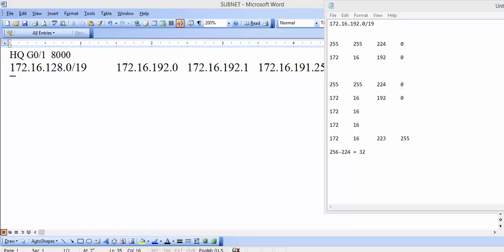We now have to determine our first and last valid host range. We first have to start, obviously, with the subnet. This is the subnet, and we bring it down and add 1, 0 plus 1 is equal to 1, and we fill in the space.